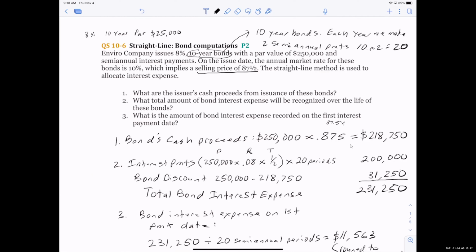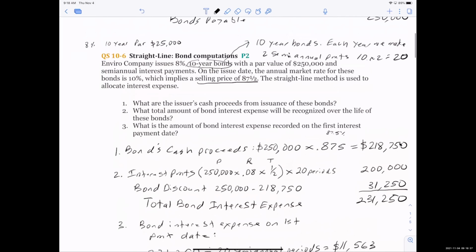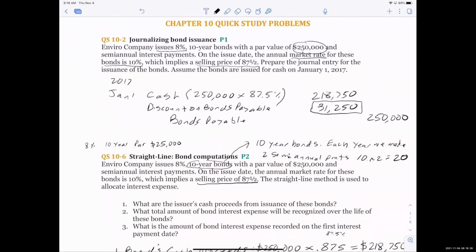Now, I like to work with decimals, so I'm going to convert that 87.5% to 0.875. So my cash proceeds, 250,000 times 0.875 equals 218,750. Notice that that's the same answer we got above, right? I mean, there it is. That's what we just did. It just looks different.